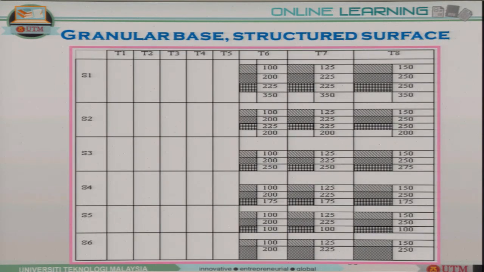Another structure catalog. So let's say when you calculate, you get your traffic is T6 and your subgrade is S2. You get your thickness is 100 mm of bituminous layer.